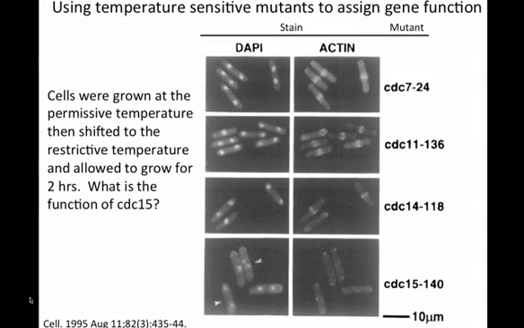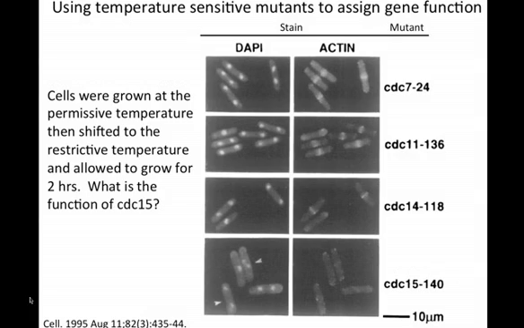What we're looking at here is microscopy, where they're staining for different things. Here's the stain, DAPI, all the way down. These are all restrictive temperature; you're not looking at any permissive, only restrictive. And then here, you're staining for actin, all the way down.